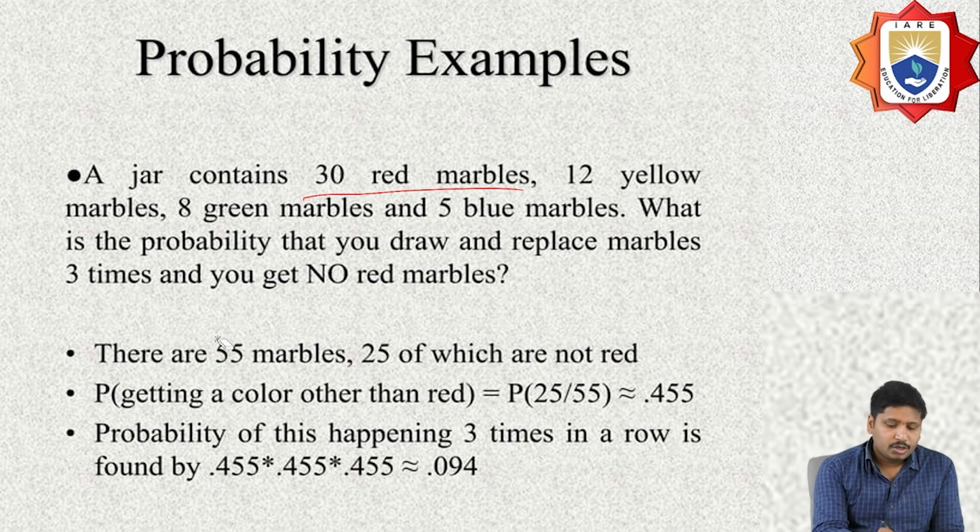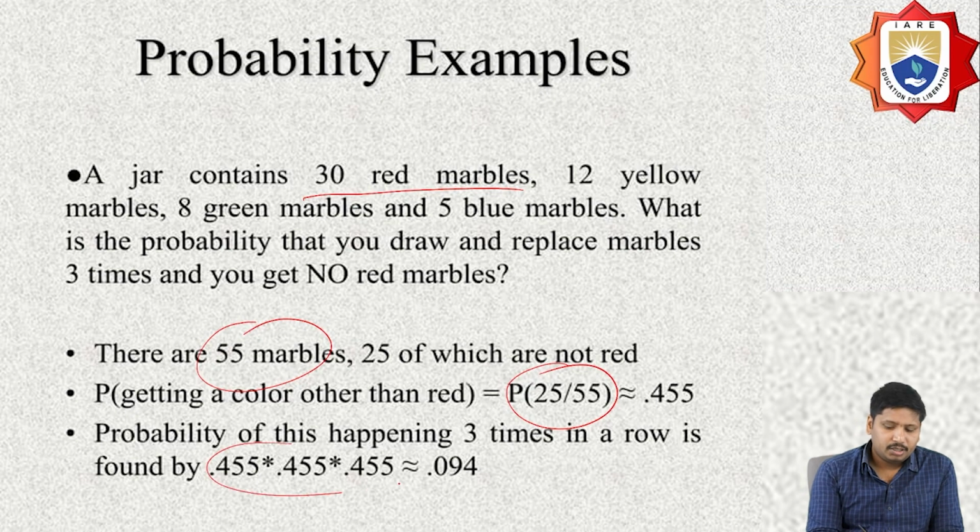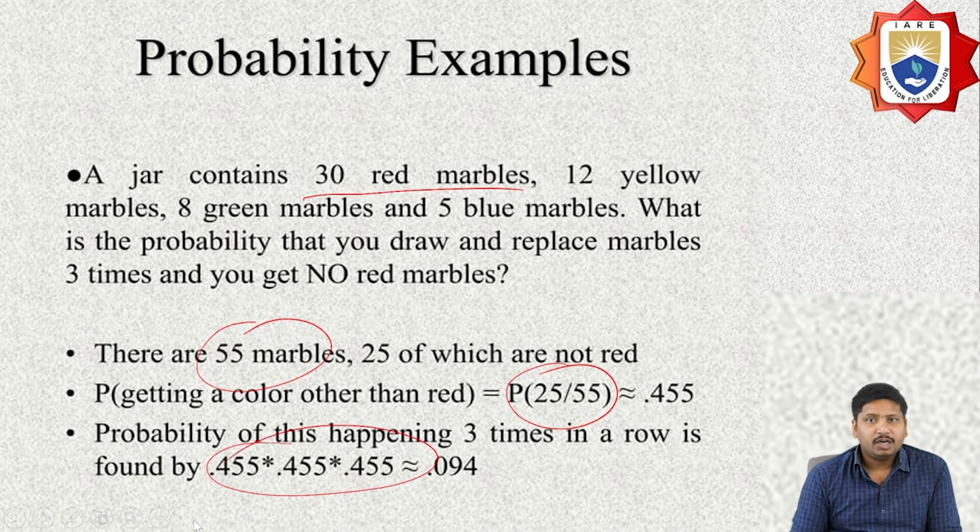So in total we are going to have 50 marbles available, of which 25 are not red. So I'm able to get it as 25 by 50. Similarly, the probability of this event happening 3 times in a row should be 0.45 to the power of 3.